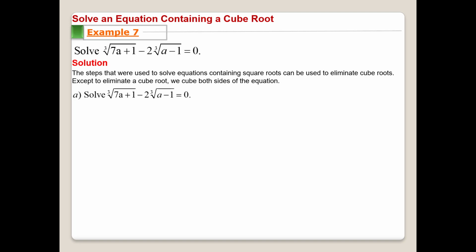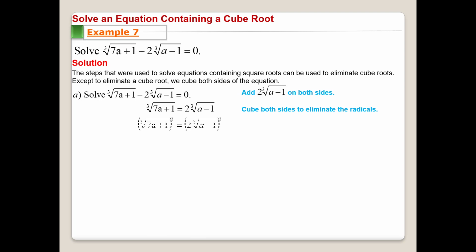Let's go ahead and solve this out. To get a cube root on the left side and a cube root on the right side, let's add 2 times the cube root of a minus 1 to both sides. If we do that, we get this setup right here. And now we can cube both sides to eliminate the radicals.